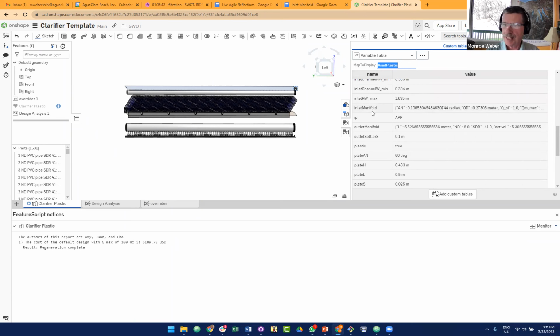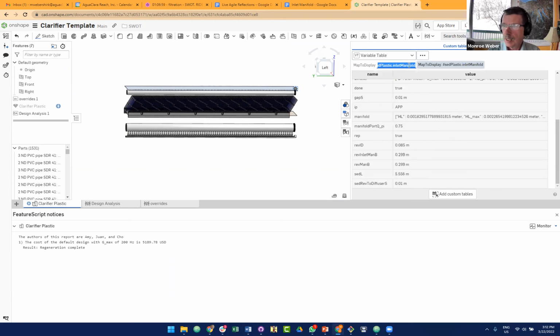There's lots of stuff inside that map. I can drill deeper into that map by just typing, just like you would expect, dot inlet manifold. And now I can see inside that map. So I'm one layer deeper. And inside inlet manifold, there's yet another manifold.